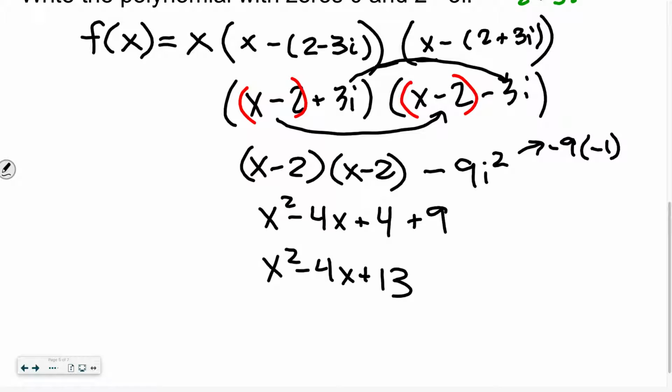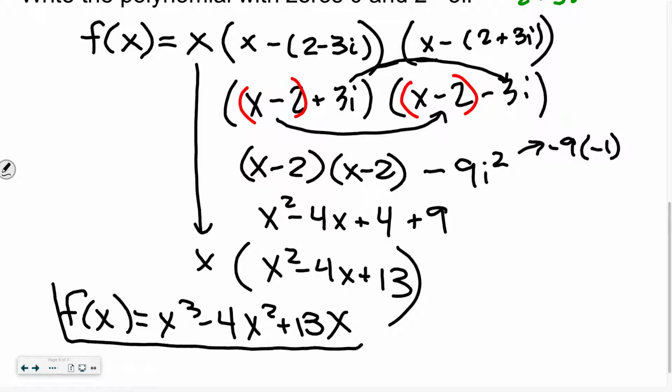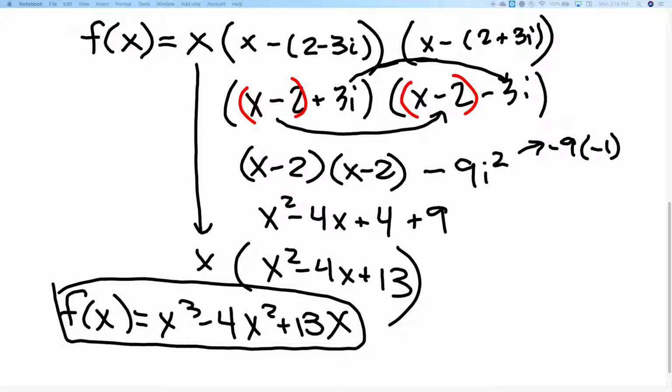I gotta do all that simplifying, all that adding, multiplying together. And then I can multiply by any remaining factors. I'm gonna have f of x equals x cubed minus 4x squared plus 13x. So if you like that shortcut method, you can use that. It works every time with irrational and imaginary solutions.